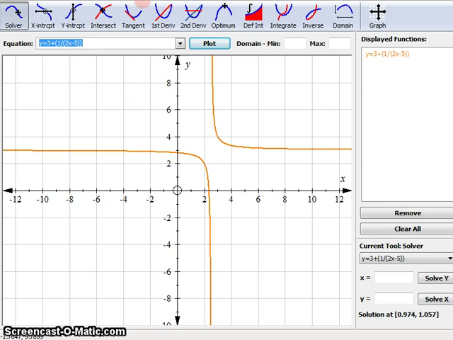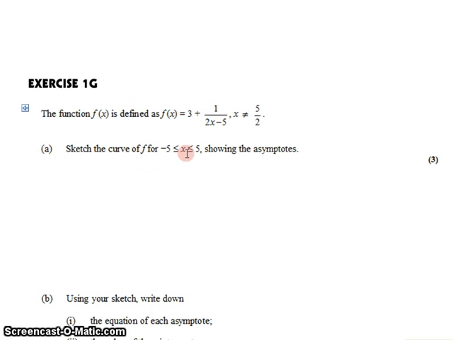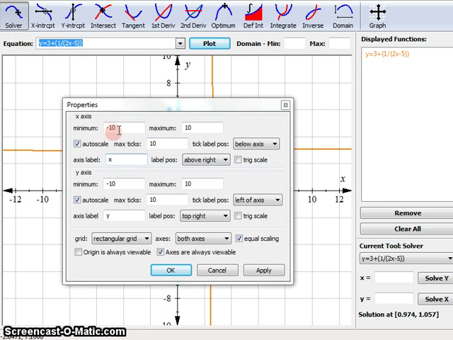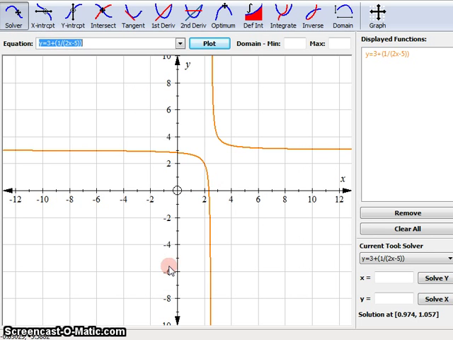So here's the function. The question did say that we need to go on the domain -5 to 5. So going back to the graphing package, I'm going to change the graph so that the x-axis has a minimum of -5 and a maximum of 5. Try that again.